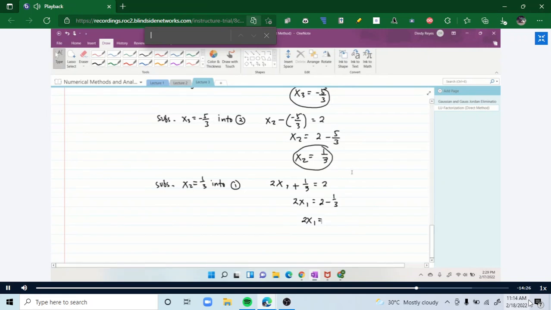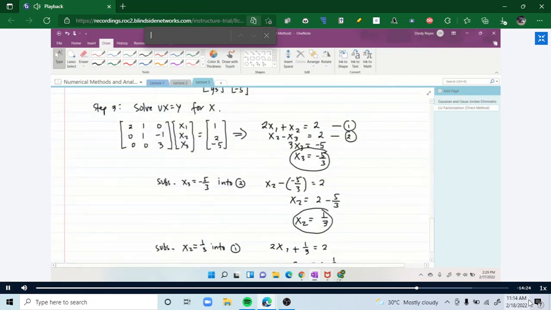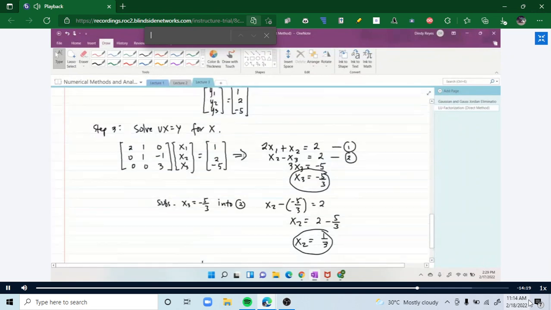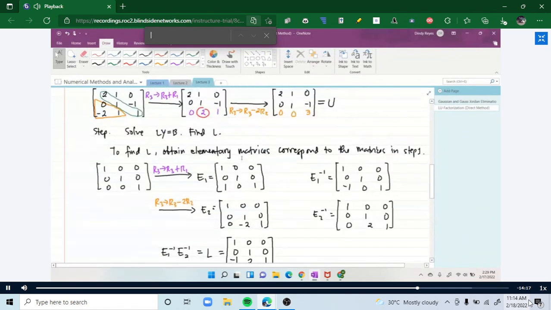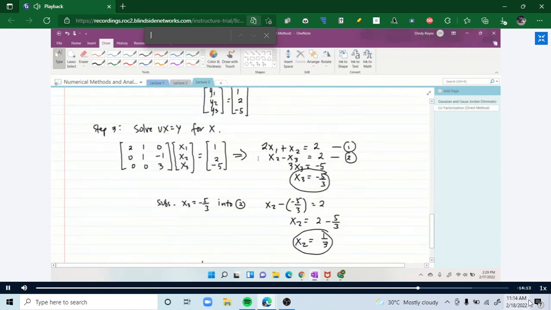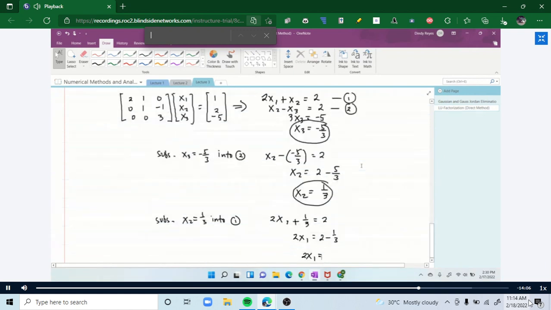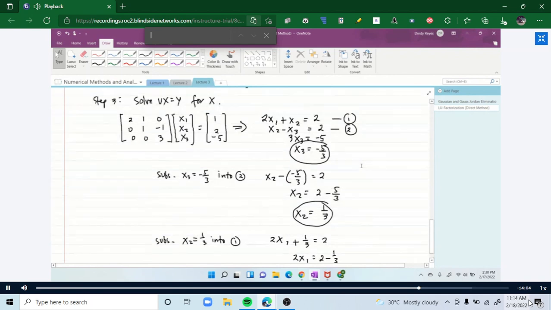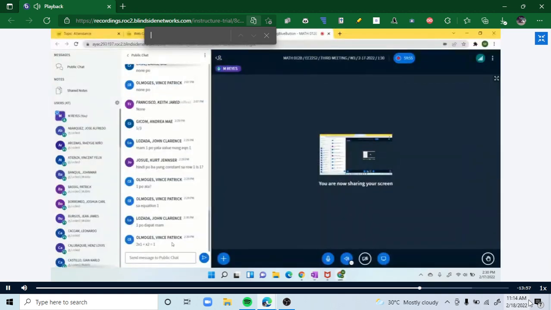Teka lang, parang may mali ako sa equation 1. Tama ba yung kopya ko ng upper? Two x sub 1 plus x sub 2 equals siya.